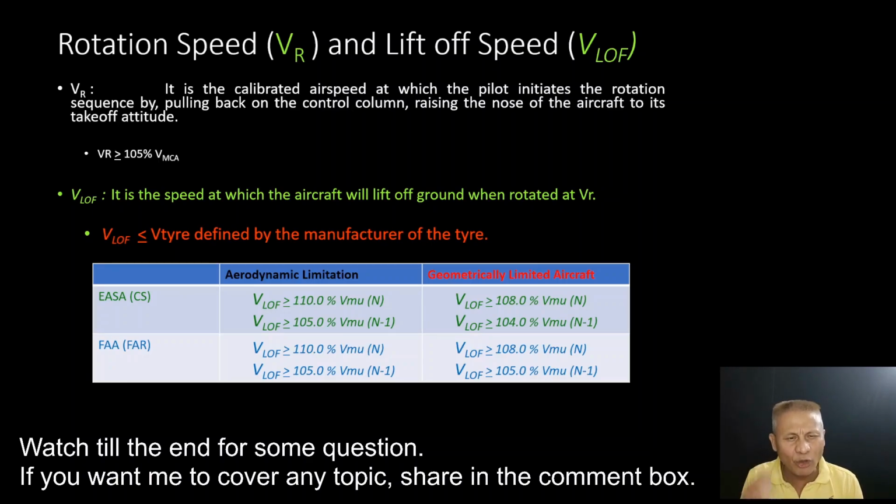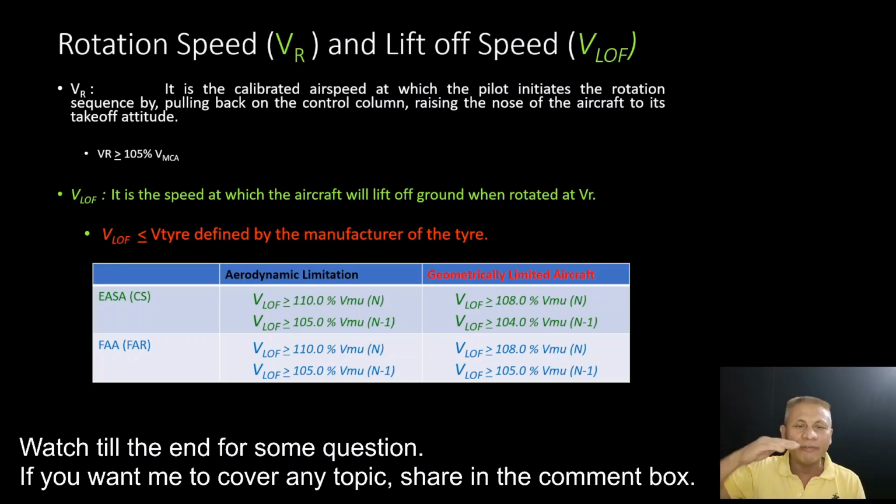So therefore, VR is nothing but an offshoot from your V2. And VR is nothing but the calibrated airspeed at which the pilot initiates the rotation sequence by pulling back the control column, raising the nose of the aircraft to its takeoff attitude. So my VR will be primarily dependent upon my V2.